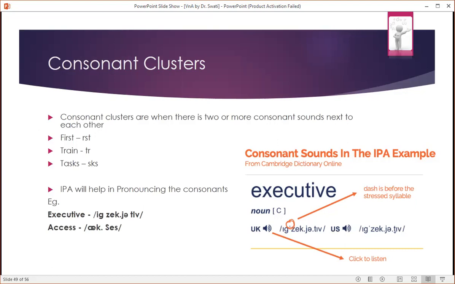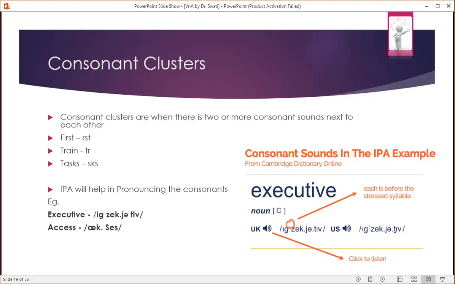Same with 'tasks'. SKS together is giving a sound. So a cluster sound comes like this when all the three letters are giving a sound, making a new sound together.